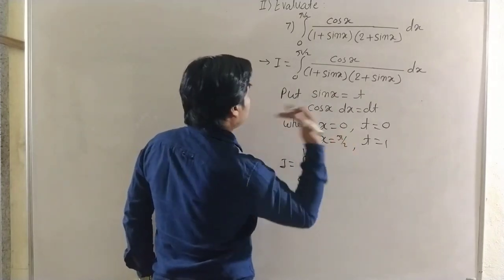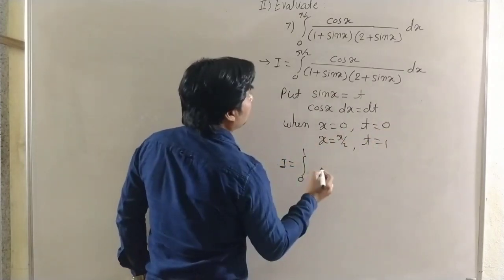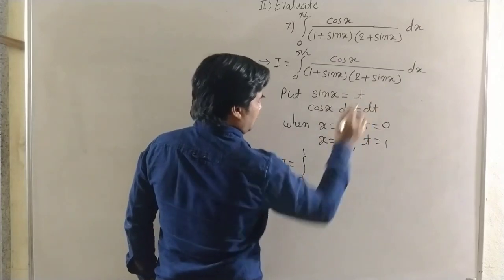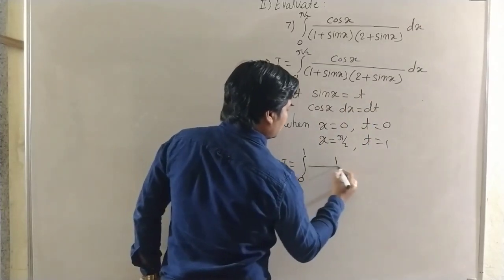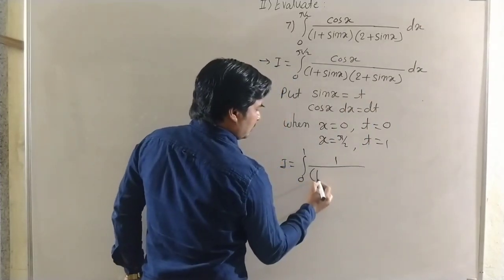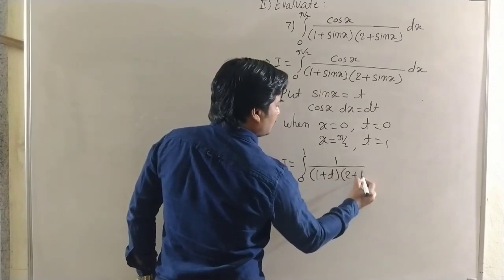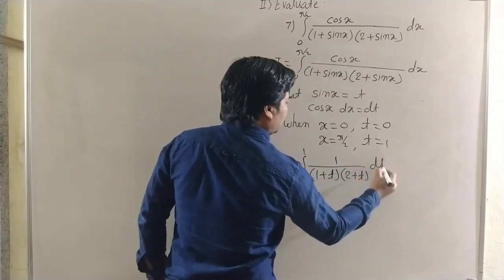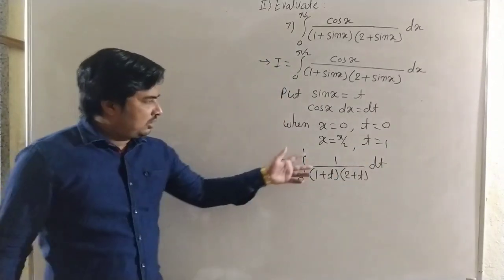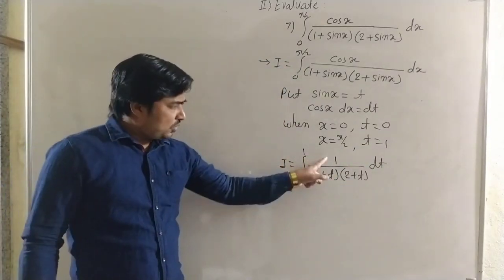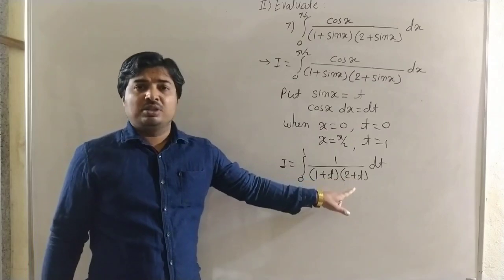Originally it is 0 to pi by 2, here it is 0 to 1. Cos x dx is dt, therefore it is 1 upon 1 plus t into 2 plus t dt.